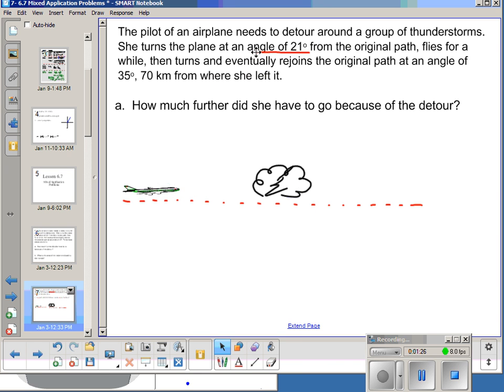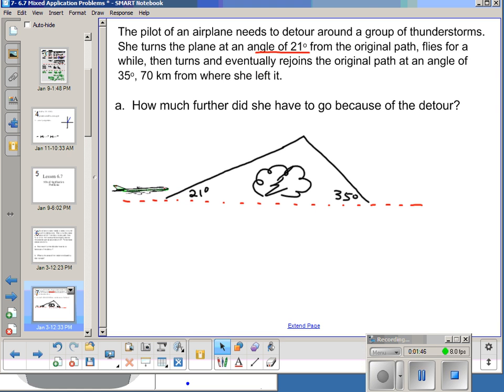We're going to exit our path at an angle of 21 degrees. She's going to fly for a while, and then she's going to come back once she's past the thunderstorm and re-enter at 35 degrees. So my picture is going to look like this.